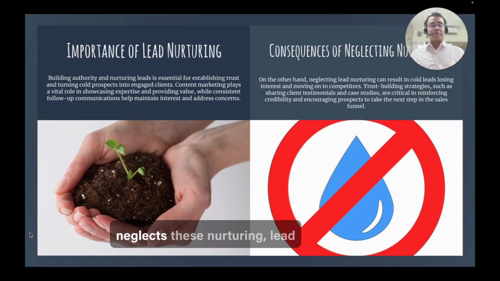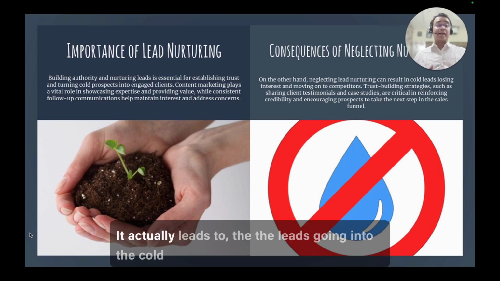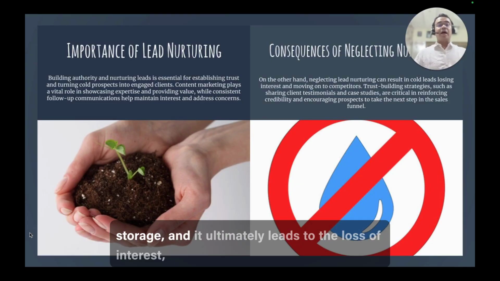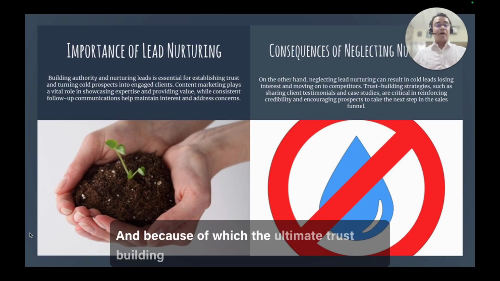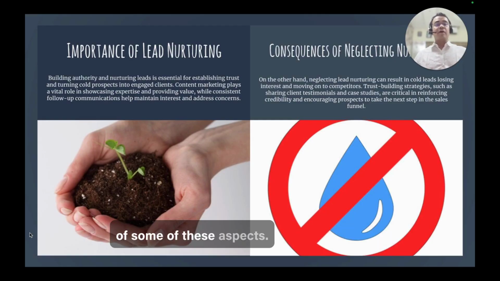But what happens if somebody neglects these lead nurturing practices? It leads to the leads going into cold storage, and it ultimately leads to the loss of interest from the customer, and ultimately those opportunities go to the competitors, and because of which the ultimate trust building strategy is evaporated because of no interest in paying attention to the nitty-gritties or finer elements of these aspects.